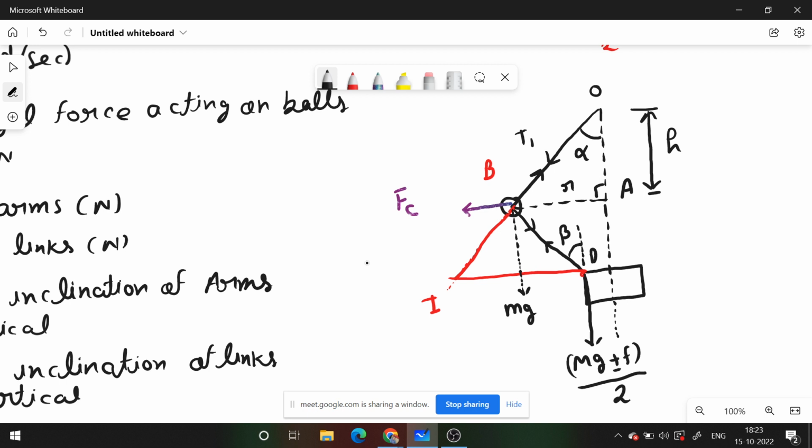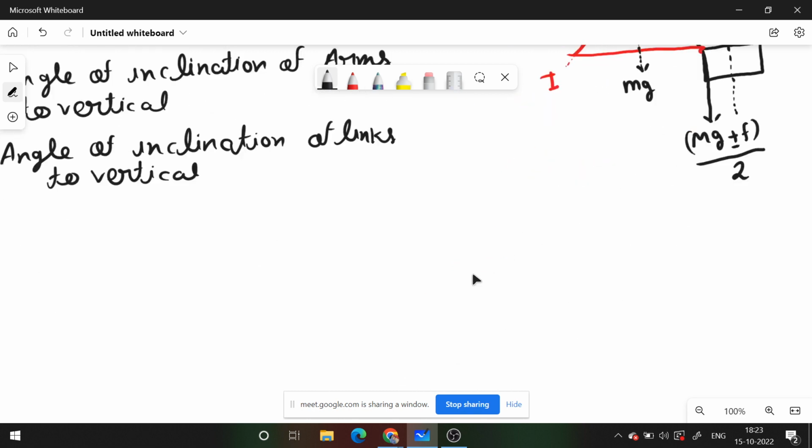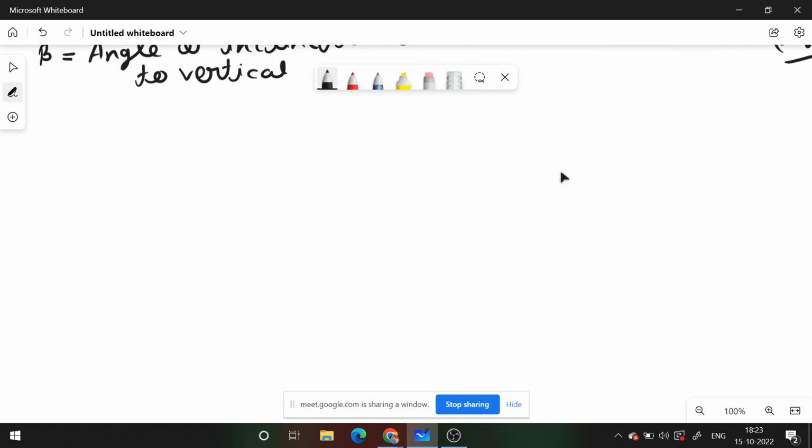Now taking moment about the point I, instantaneous center method.